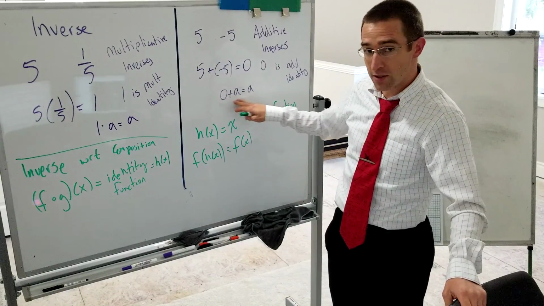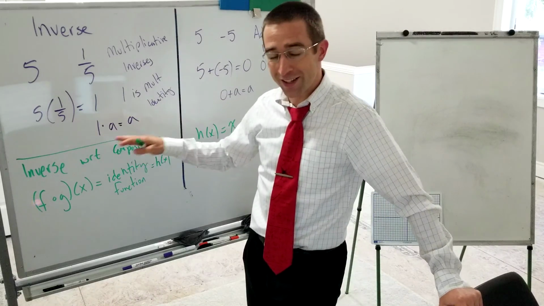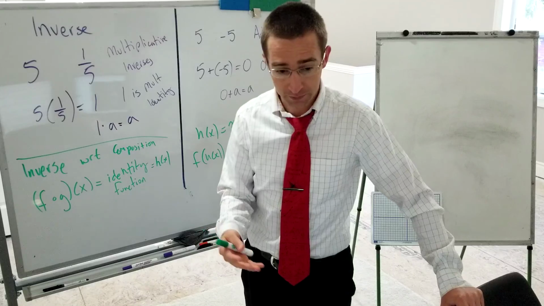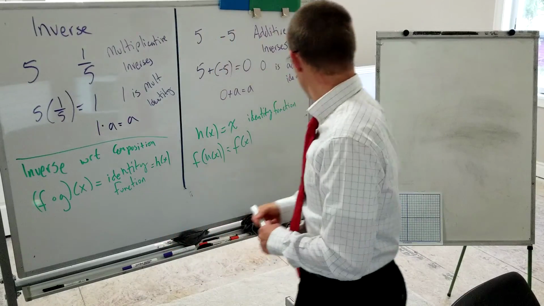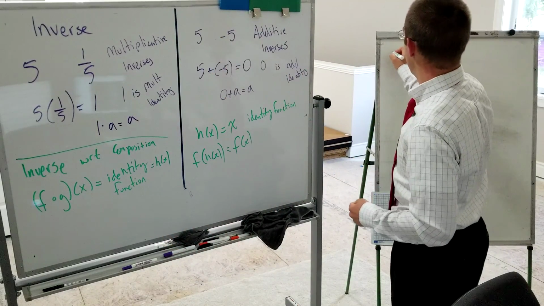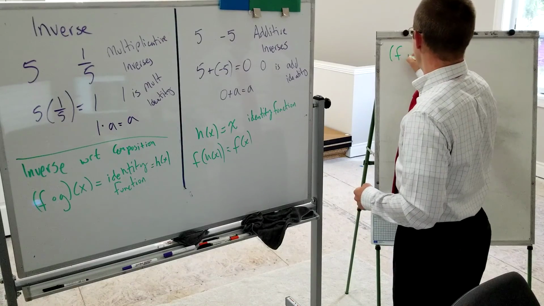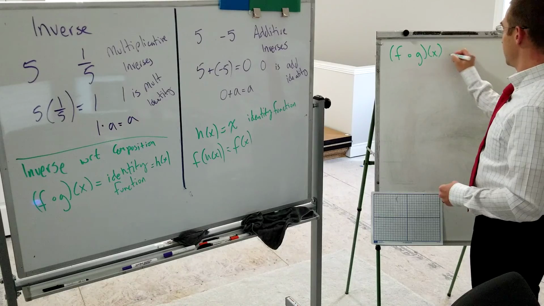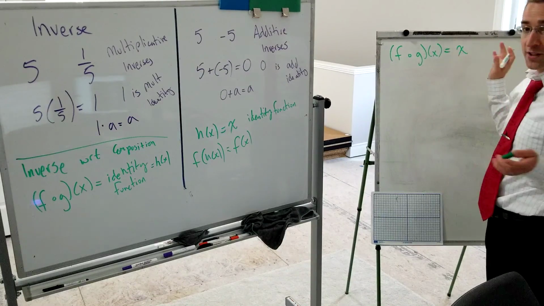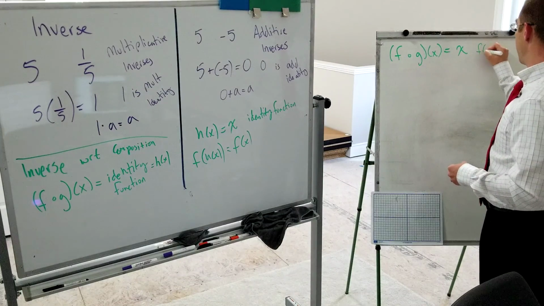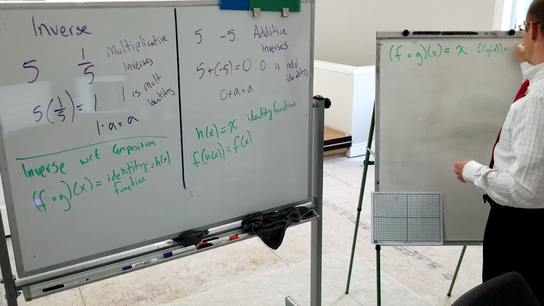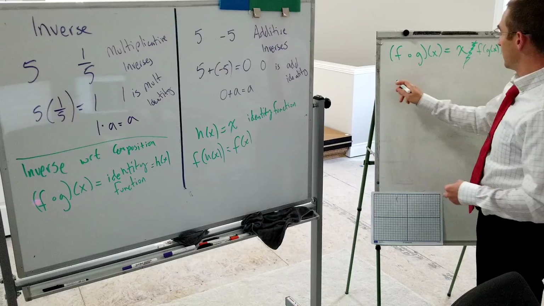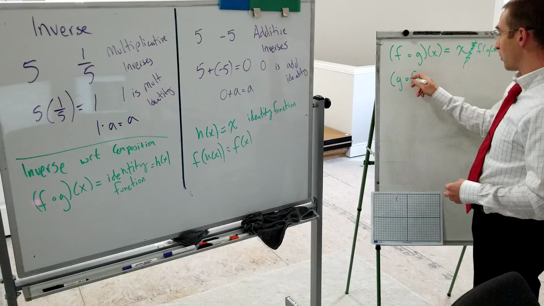Just like 0 doesn't change addition, just like 1 doesn't change multiplication. So what we're looking for is functions where if I take the composition of the two functions, I just get x, or f of g of x equals x. And it's got to work both ways too.